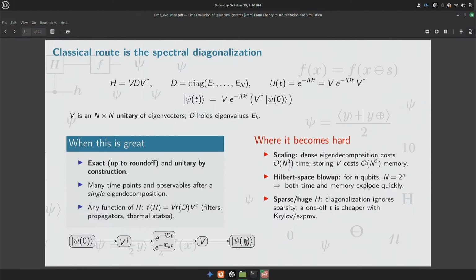But there is nothing quantum computing here. There is nothing that I have incorporated from quantum computing.